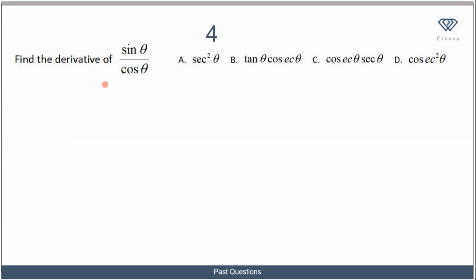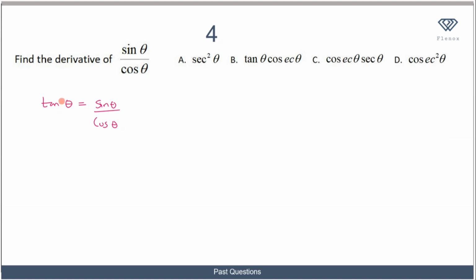So now if you remember our discussion on trigonometric ratios that we've talked about before, we said that tan theta is the same thing as having sine theta over cos theta. So this expression is just a glorified way or another way of writing tan theta. So this is the same as saying find the derivative of tan theta.